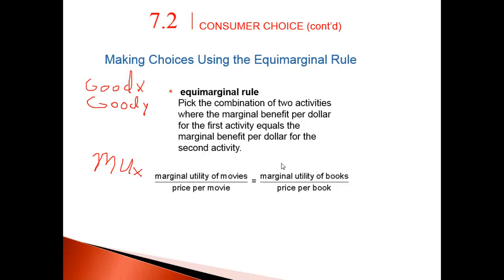So we have the marginal utility of good X divided by the price of good X equals the marginal utility, or MU, of good Y divided by the price of good Y. We're always going to pick the combination where these 2 equal each other. If they don't, we're going to consume the one that gives us more utility.